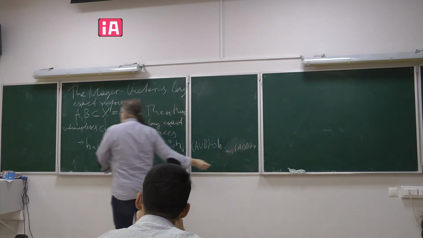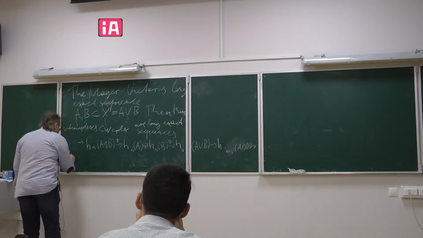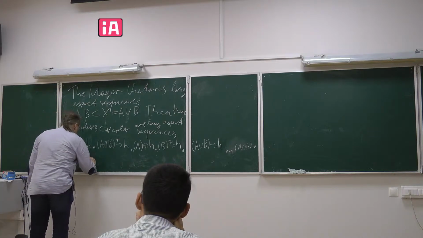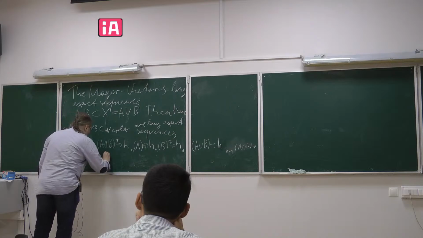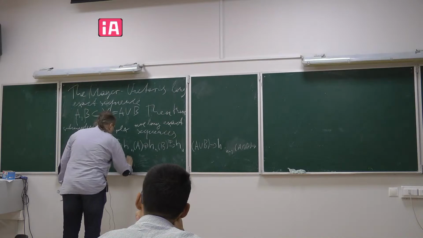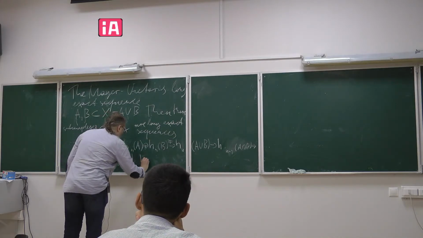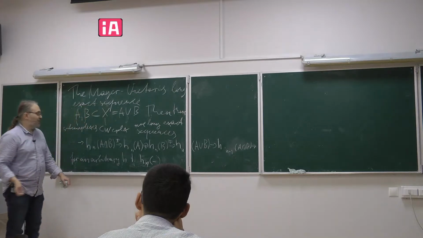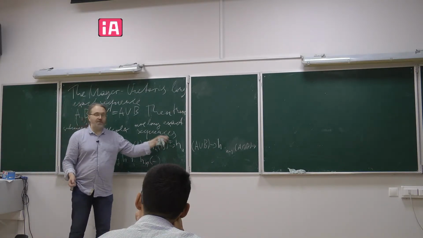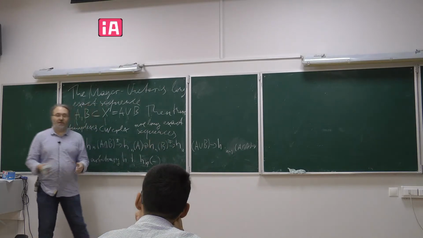So we have this long exact sequence. If I put a plus here, I need to put a minus here, and vice versa.